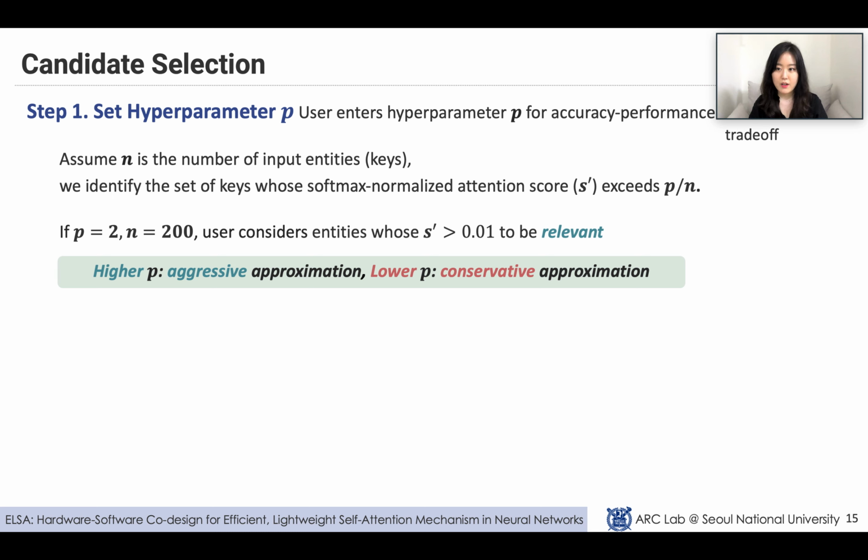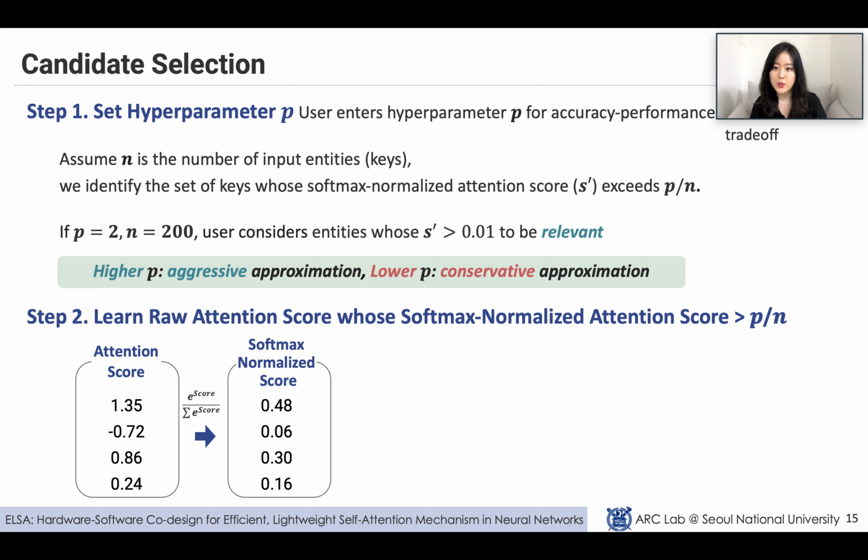The challenge here is to find the raw attention score that will generate the normalized attention score P over n. For this purpose, we utilize the training set to find the average of raw attention score for keys whose normalized attention score just exceeds P over n.